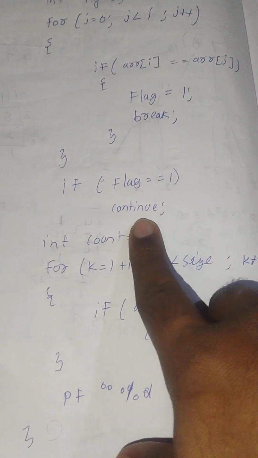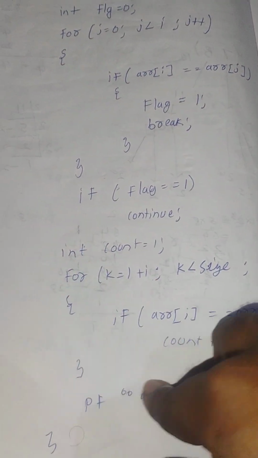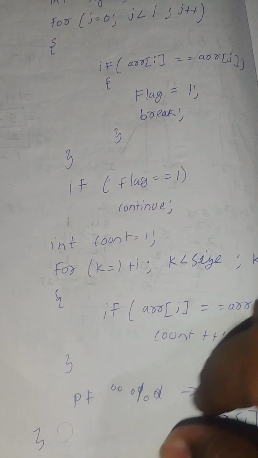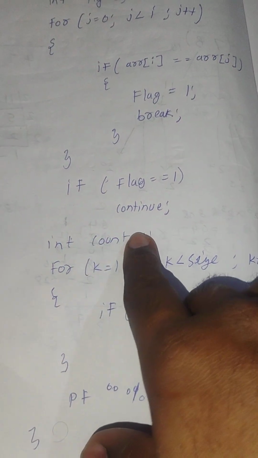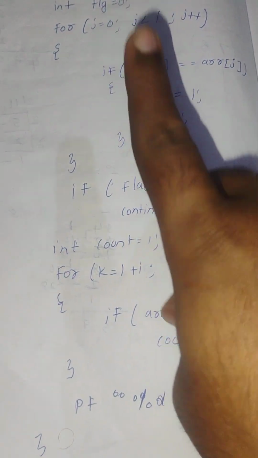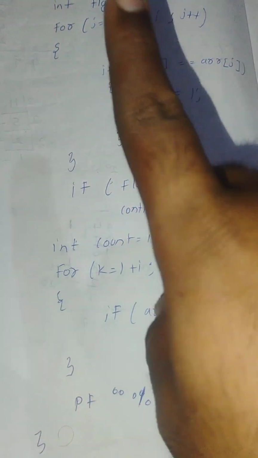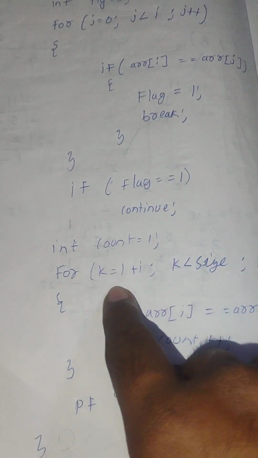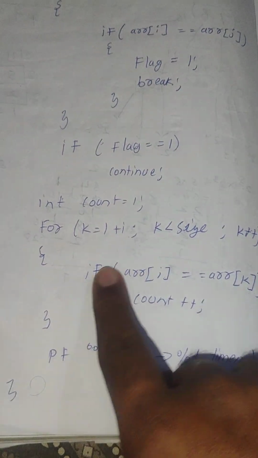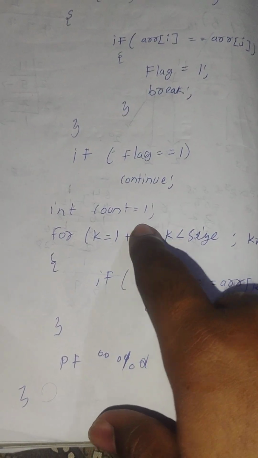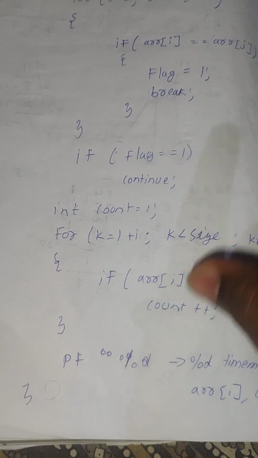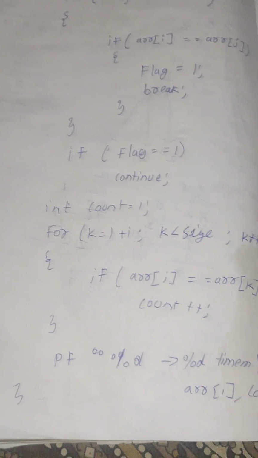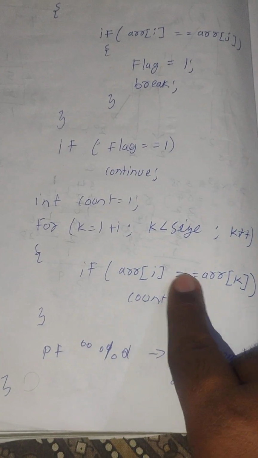Next it comes to the next loop. In this loop, count is 1, which means the value is present one time. So k is i plus 1; it needs to check whether the next element is present or not.